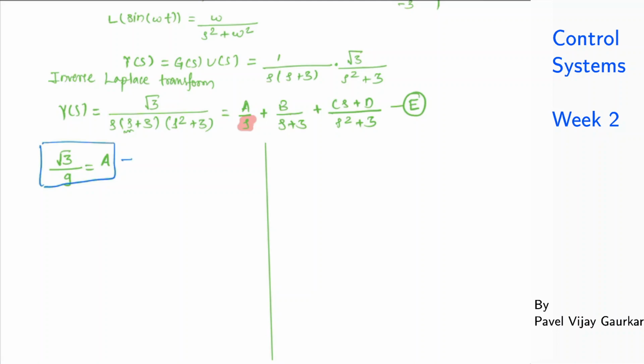So what did we do here? We multiplied the expression E by s and substituted s equal to 0. Let us do the same thing again, but this time we'll be multiplying with s plus 3.